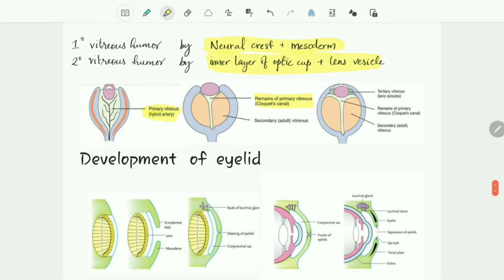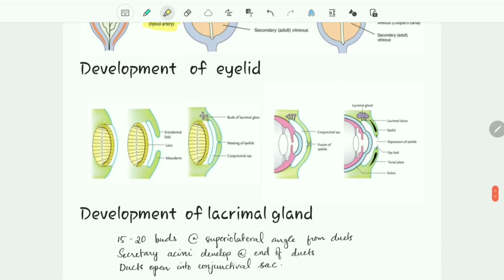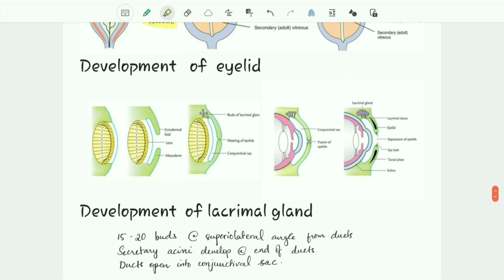Next, let's see the formation of eyelids. The eyelid is formed by reduplication of surface ectoderm above and below the cornea. But the core is made up of mesoderm. The upper and lower eyelids fuse, forming the conjunctival sac.